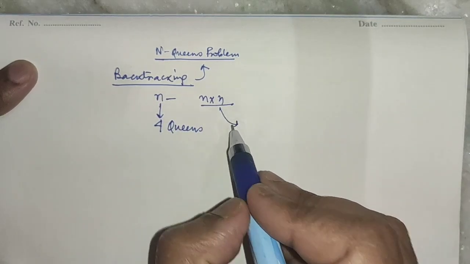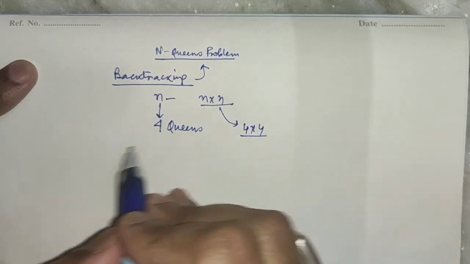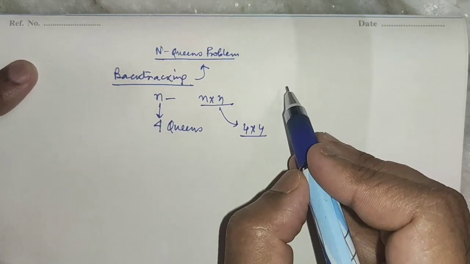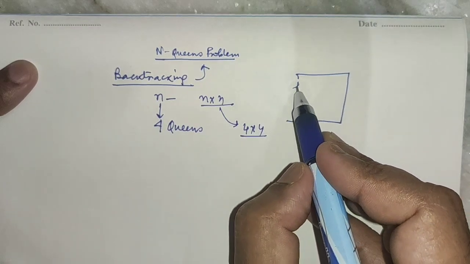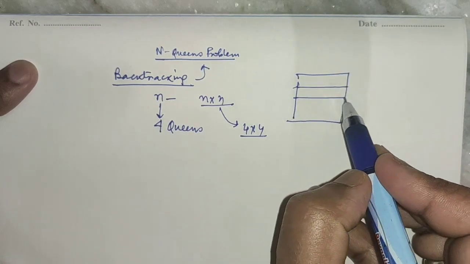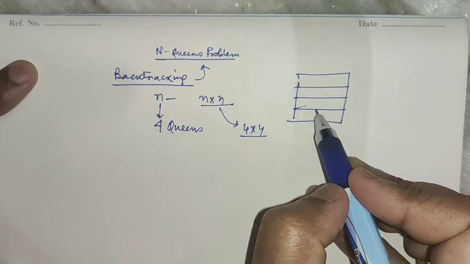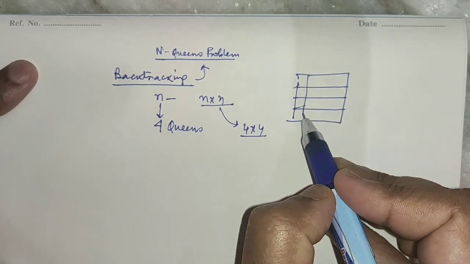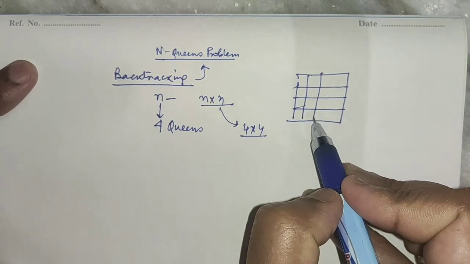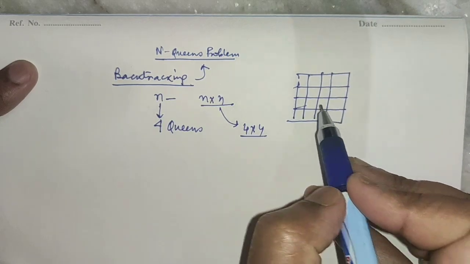So definitely we have a 4 into 4 chessboard in hand. Suppose this is a 4 cross 4 chessboard. First row, second row, third row, and fourth row. And definitely there are 4 columns, 1, 2, 3 and 4.